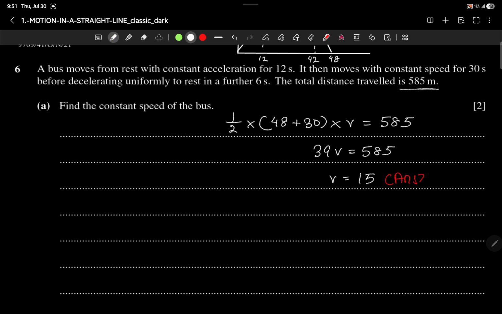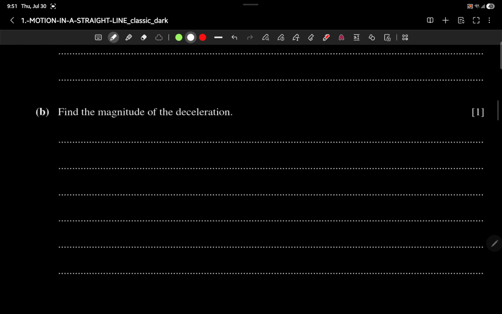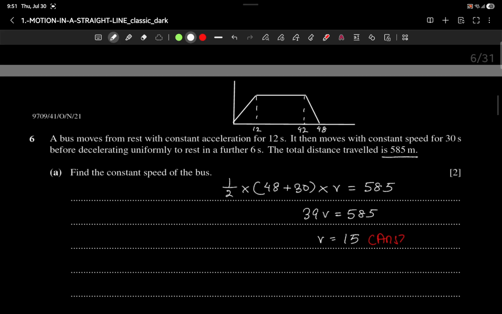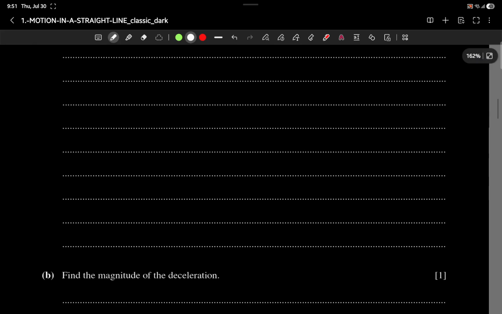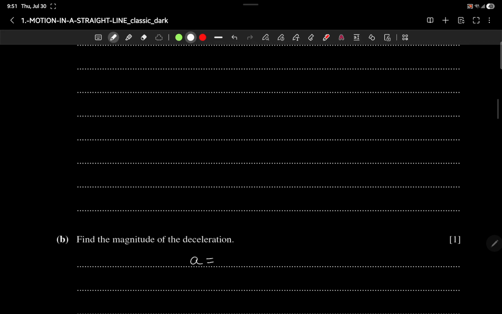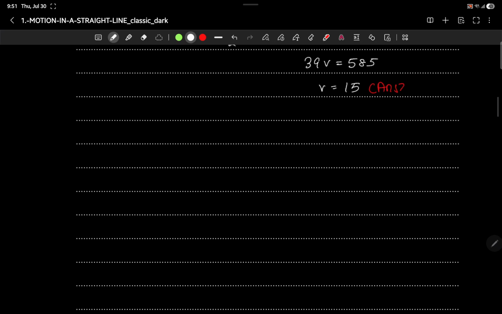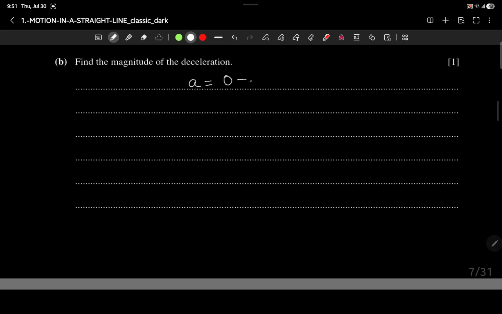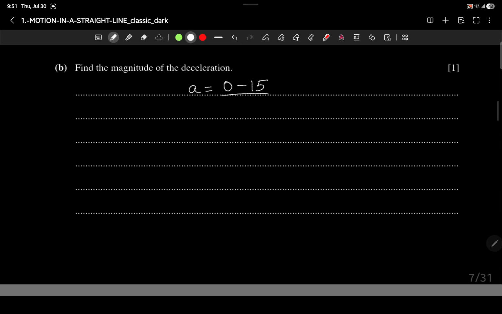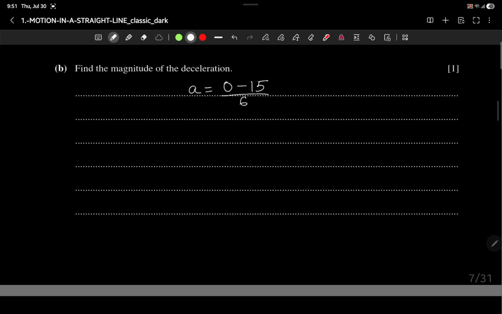Alright. Great. Now, find the magnitude of the deceleration. So what is the magnitude of the deceleration? So acceleration equals to 0 minus 15 by 6.